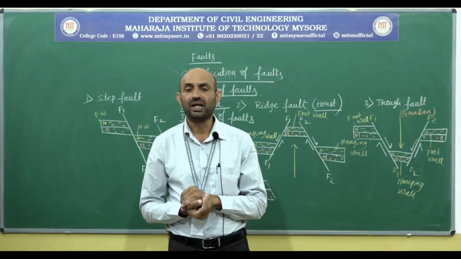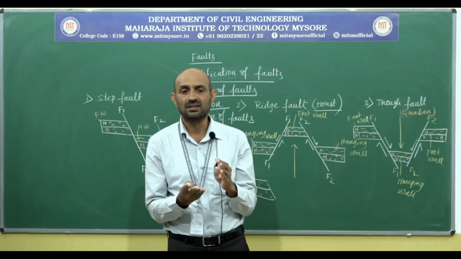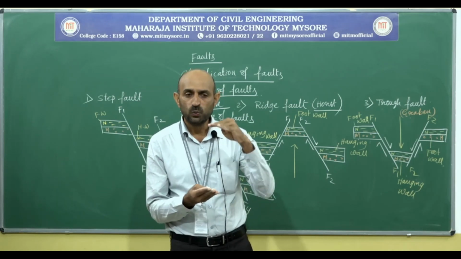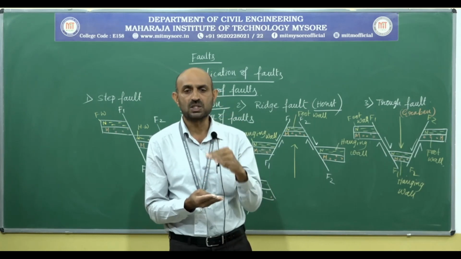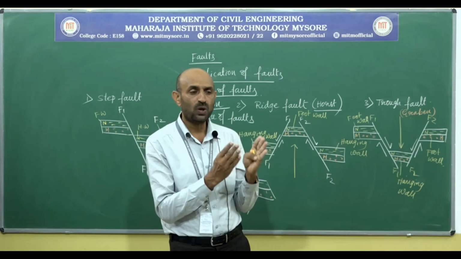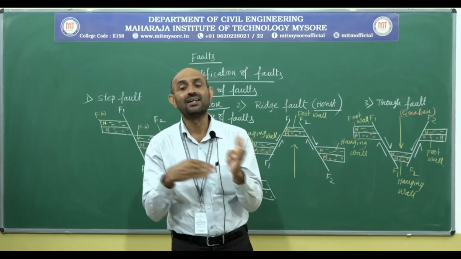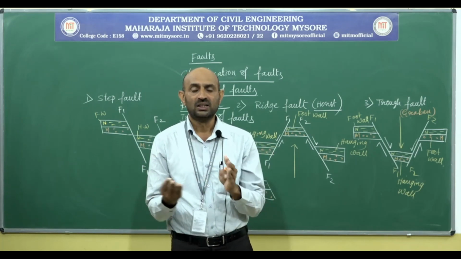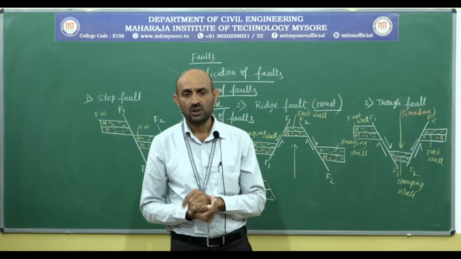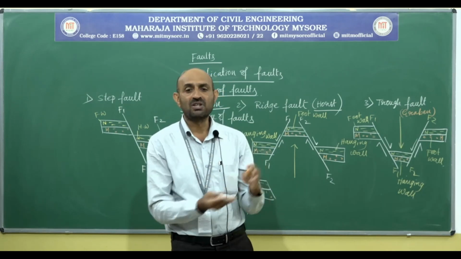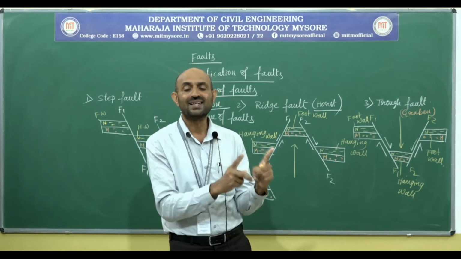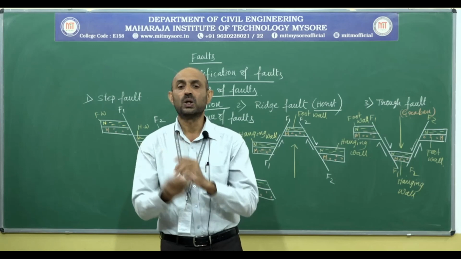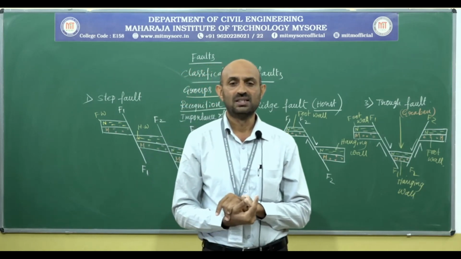Particularly when we find a massive rock mass, even when heavy precipitation takes place, that water is not able to enter the groundwater aquifer. When that area is traversed by a fault plane, through that fault plane, the water enters the groundwater aquifer.